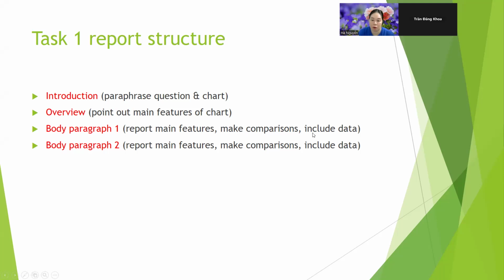For details, you include data to support your description. Normally you divide your report into 2 body paragraphs. How do you divide it? You should divide it with some kind of logic. For example, the similar ones go together, the ones that increase go together, the ones that decrease go together. Let's have a look in detail at some samples so that you know what I mean.